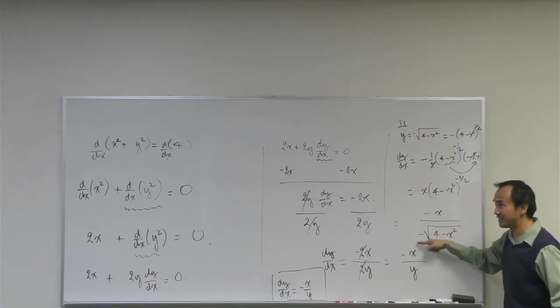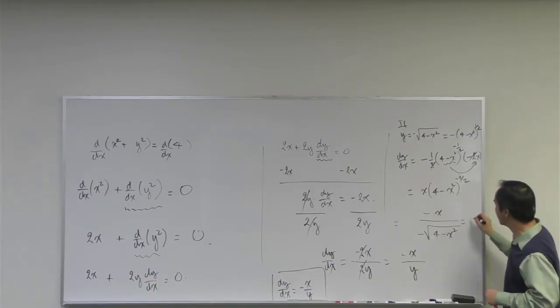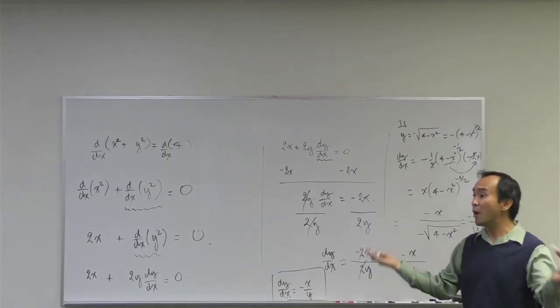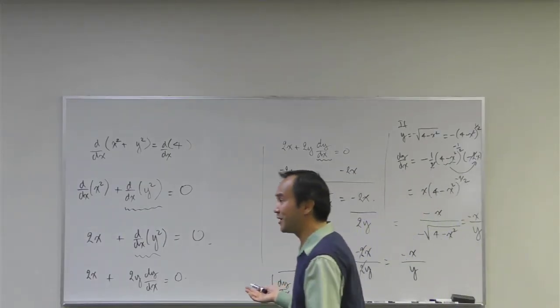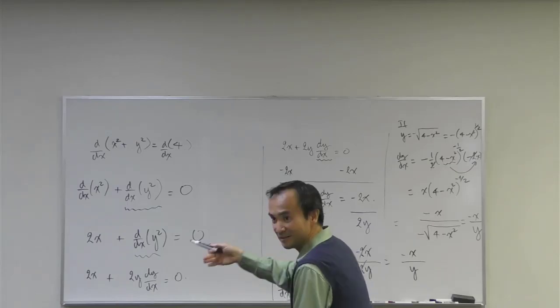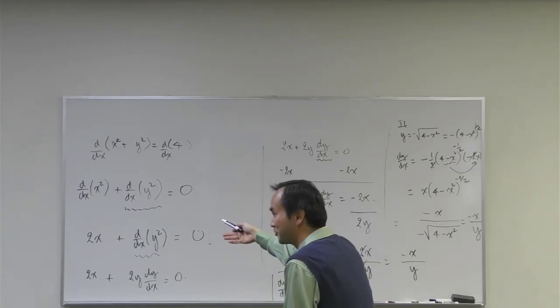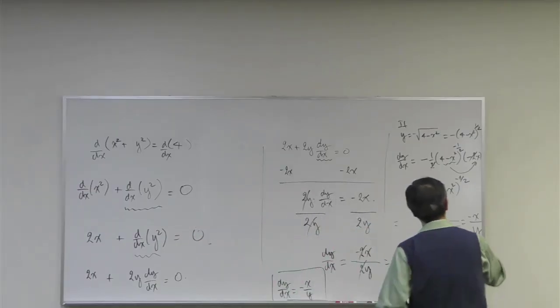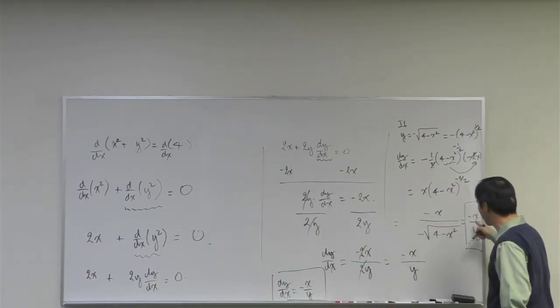Because that's still your y right there. So either way that you're solving for your y, even if you decided to spend so much time solving for your y explicitly, you're still going to end up with the short form, this short form here, minus x over y.